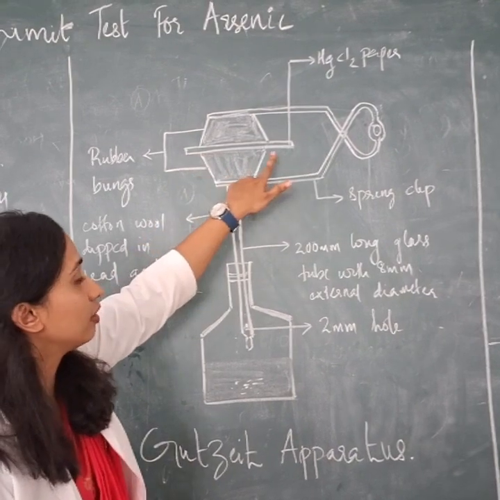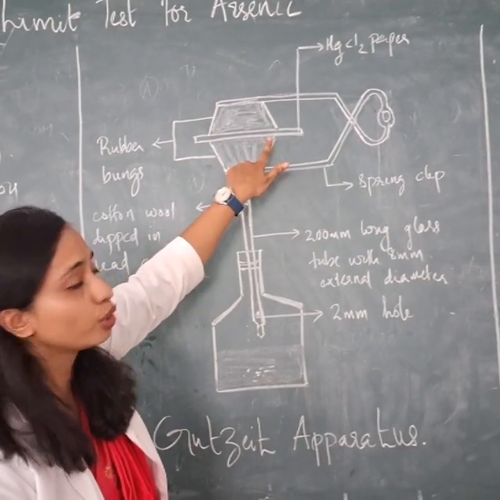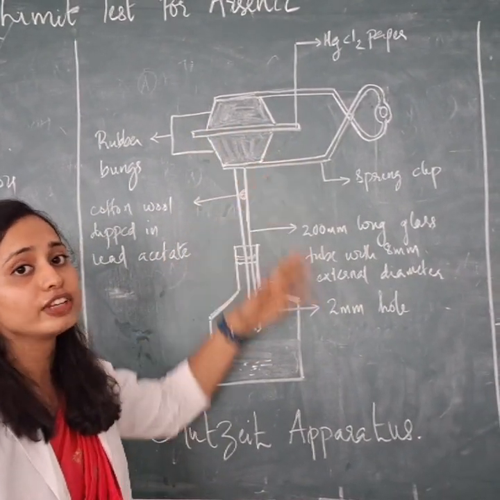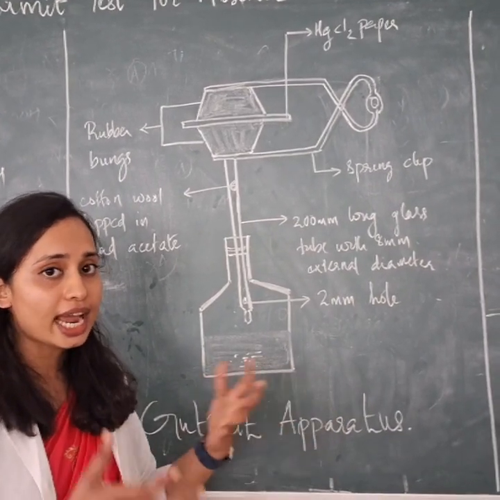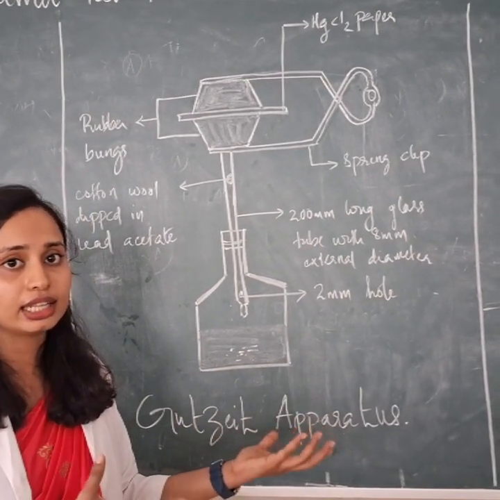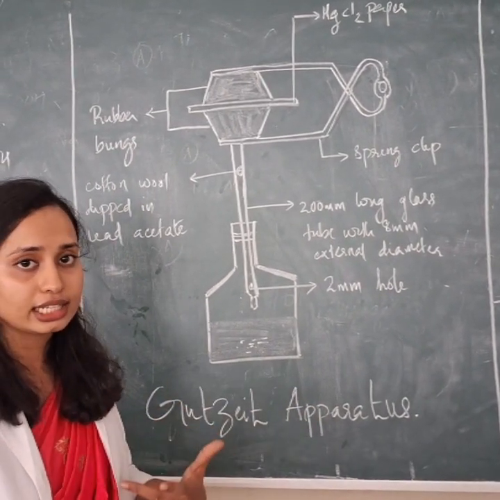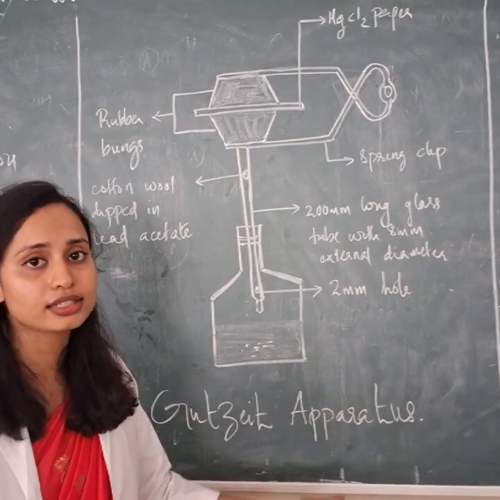When the arsine gas touches this mercuric chloride paper, it will be converted to mercuric arsenide, which will produce a yellow stain on the paper. And the standard arsenic solution produces a standard yellow stain that is compared with the test stain produced by the test solution.